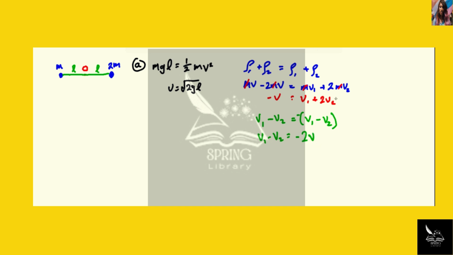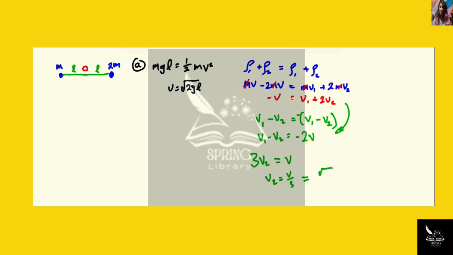And if we substitute this in there, we should end up with 3v2 is equal to v. And if we remember, v is the square root of 2gL.